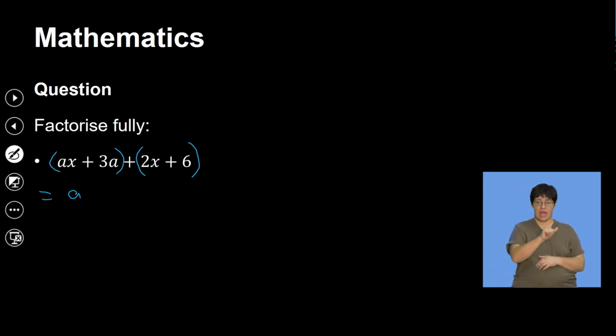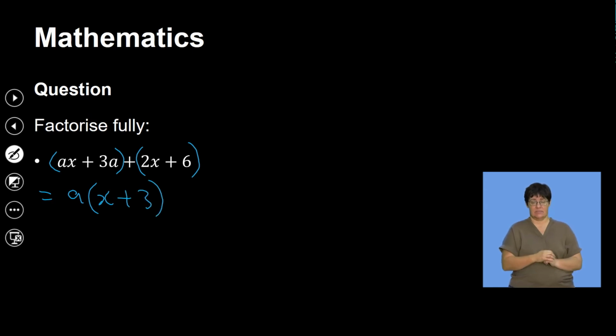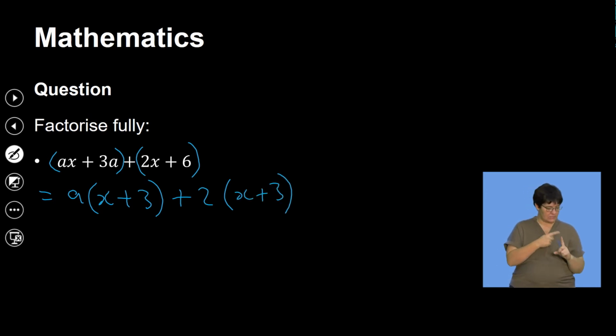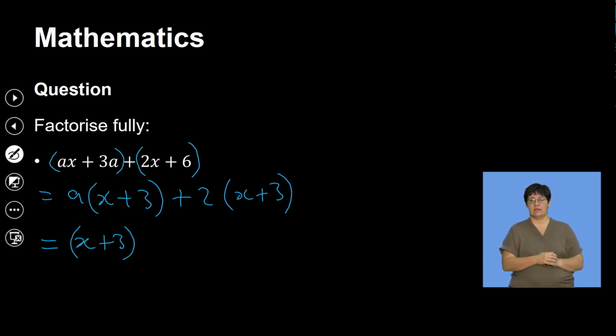So this is a into x plus 3, and then plus the common factor is 2 here, which is x plus 3. You can see x plus 3, x plus 3. So this becomes x plus 3 into a plus 2, and that will be my final answer there.